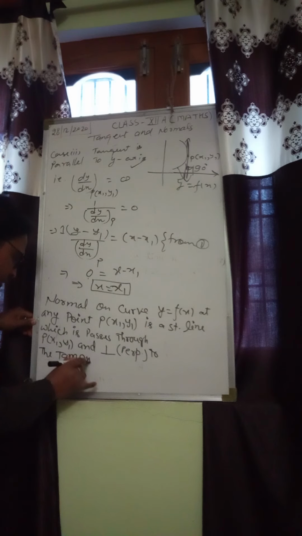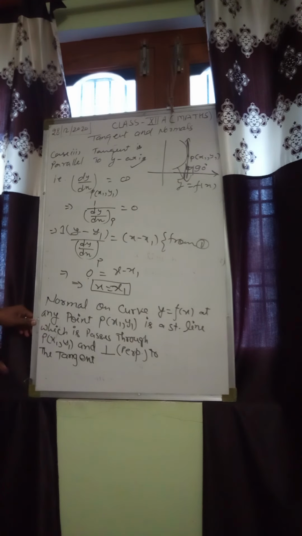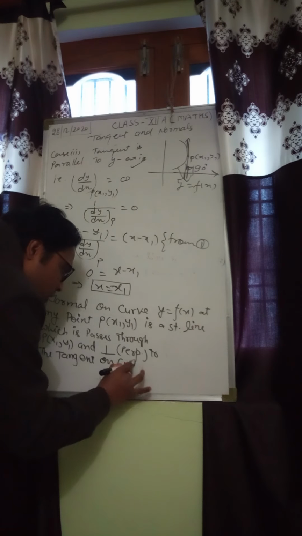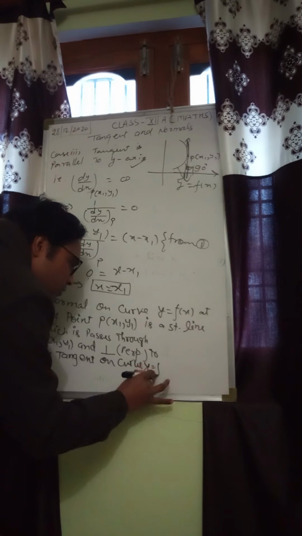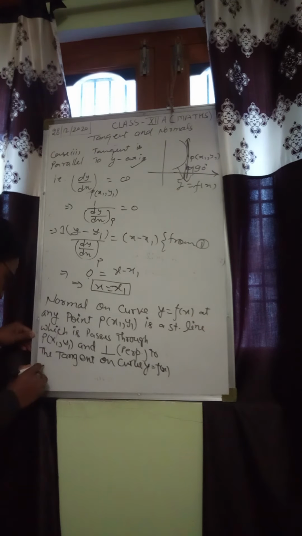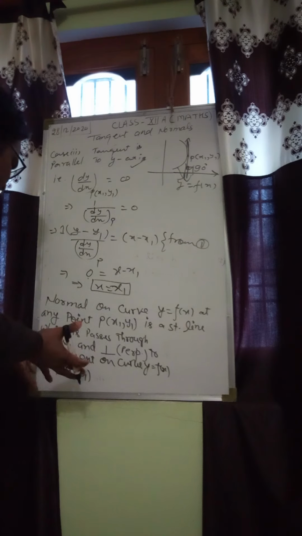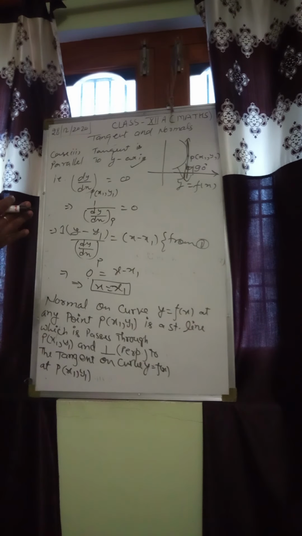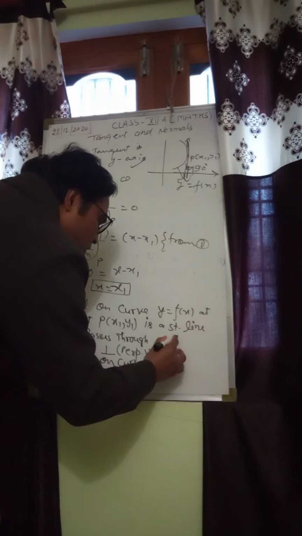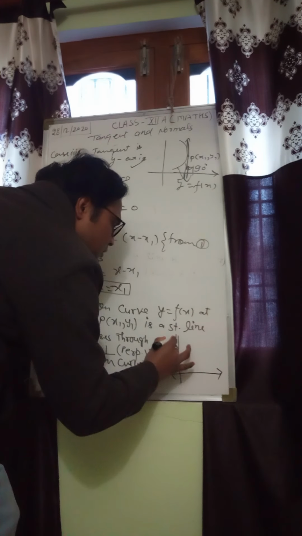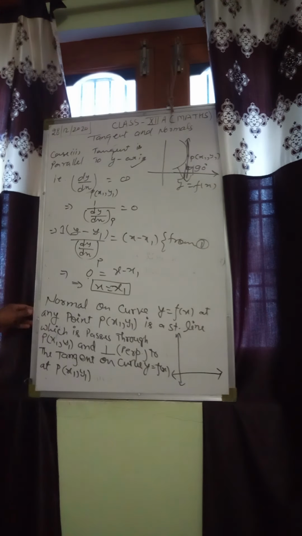That's a very important thing for you: the tangent on that curve y is equal to f(x) at that point P(x1, y1). So by using this definition, you can make the figure of normal on a curve at a point P(x1, y1).